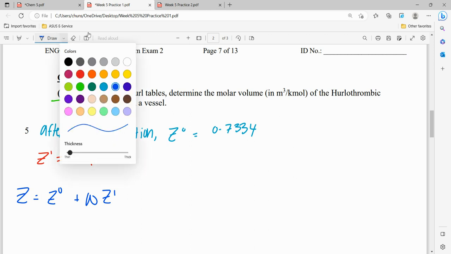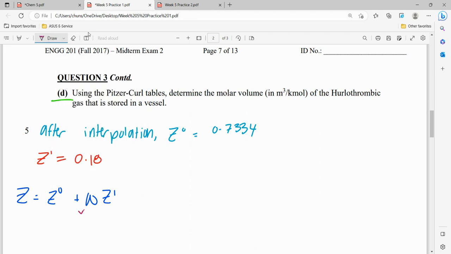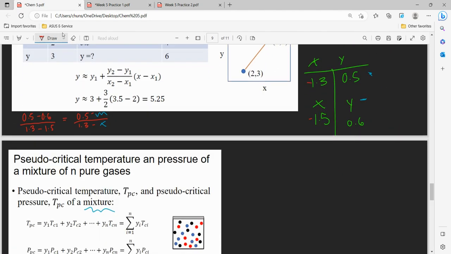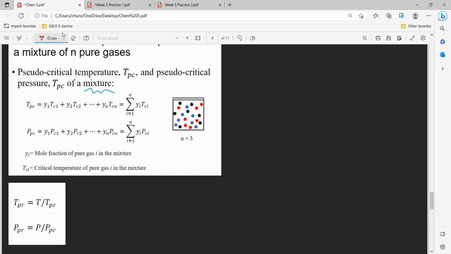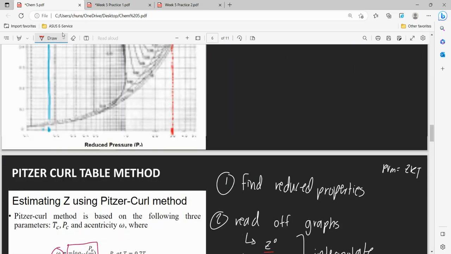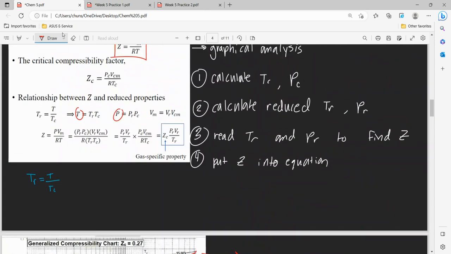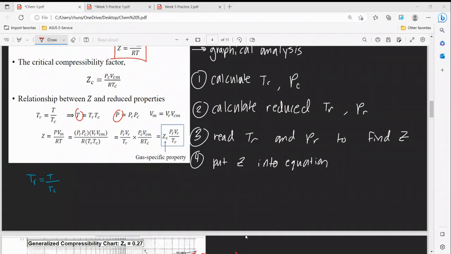But we don't have our eccentricity yet, right? Because we have a mixture, we're going to need to average out our eccentricities. And the equation for that, maybe we're given that. Let me check my answer key, hold on.